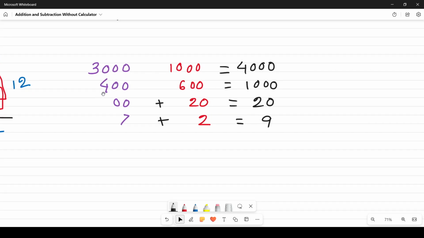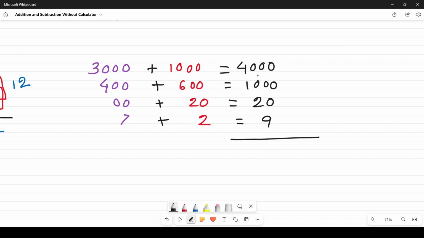Because the place value of 4 is 100 and the place value of 6 is 100, but the result is actually a number which has the place value of 1000, right? That's why we add the remaining one with the number which has the next subsequent place value.